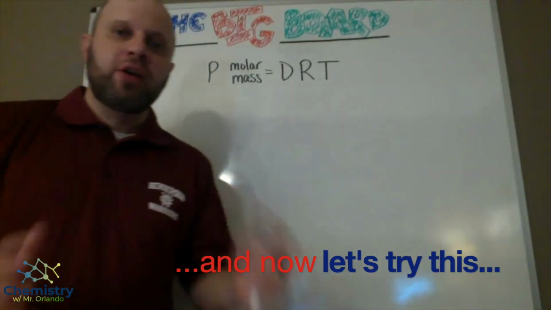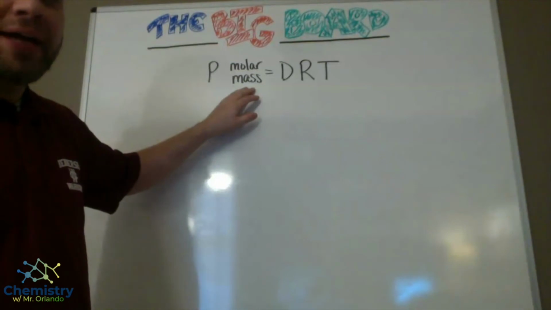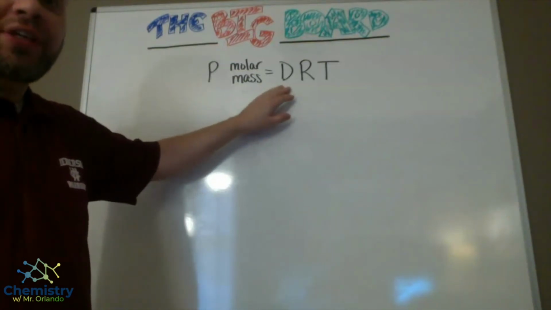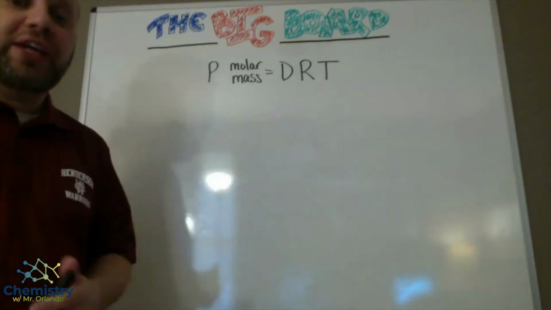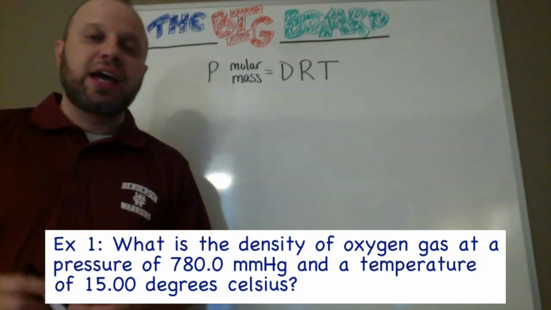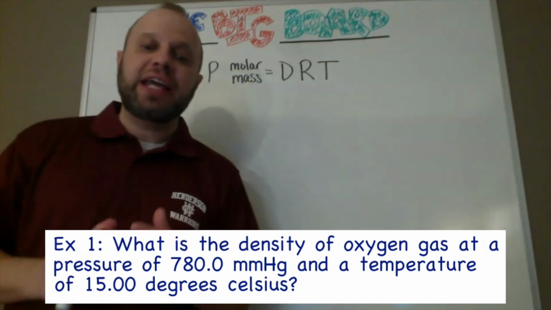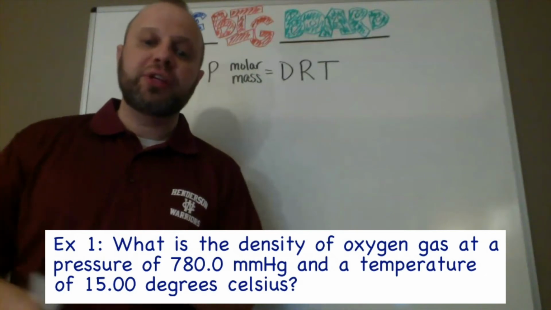Thanks, Kevin. Okay, so here is our equation. We have pressure times molar mass is equal to density times our value for R times temperature. So today's question says, what is the density of oxygen gas at a pressure of 780 mmHg and a temperature of 15 degrees Celsius?